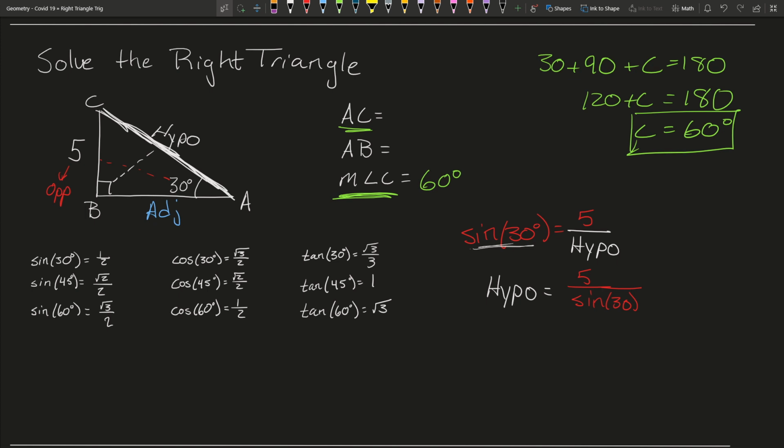Now we need to actually solve for the hypotenuse. The first thing we need to do is replace this sine of 30, which, because it's just 30, we know is equal to 1/2. So the hypotenuse will actually equal 5 divided by 1/2.